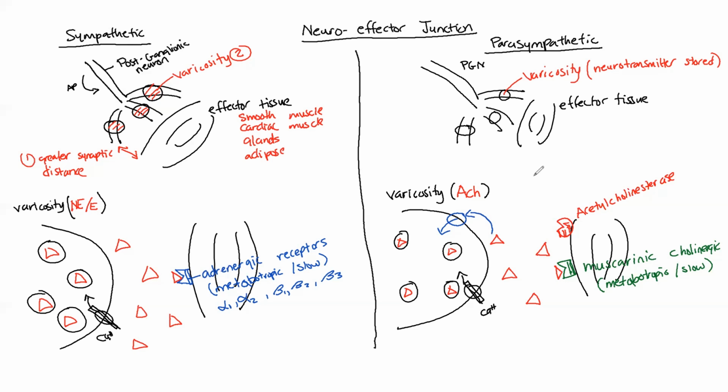We can diffuse away as is, or we can reuptake it in its whole form. On this side, we don't have a mechanism to degrade norepinephrine, okay? But what we can do is reuptake norepinephrine in its full or whole state. All right, so we can have this similar reuptake molecule present here. So I'll just label this.